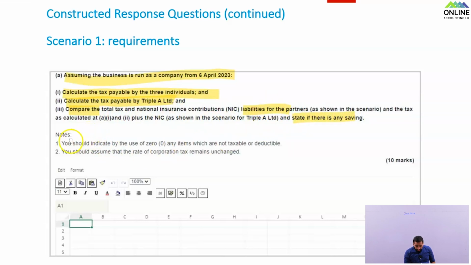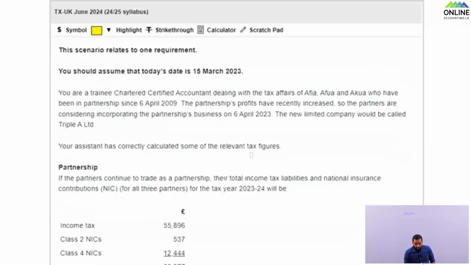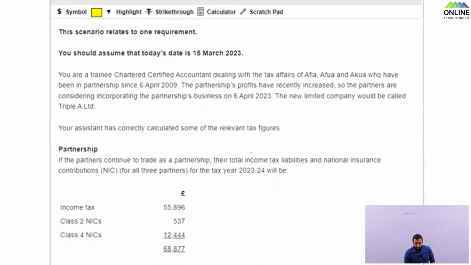Clearly the examiner is saying you should indicate by using 0 any items which are not taxable or deductible. You should assume that the rate of corporation tax remains unchanged. This is very important, and we are moving on to the scenario.